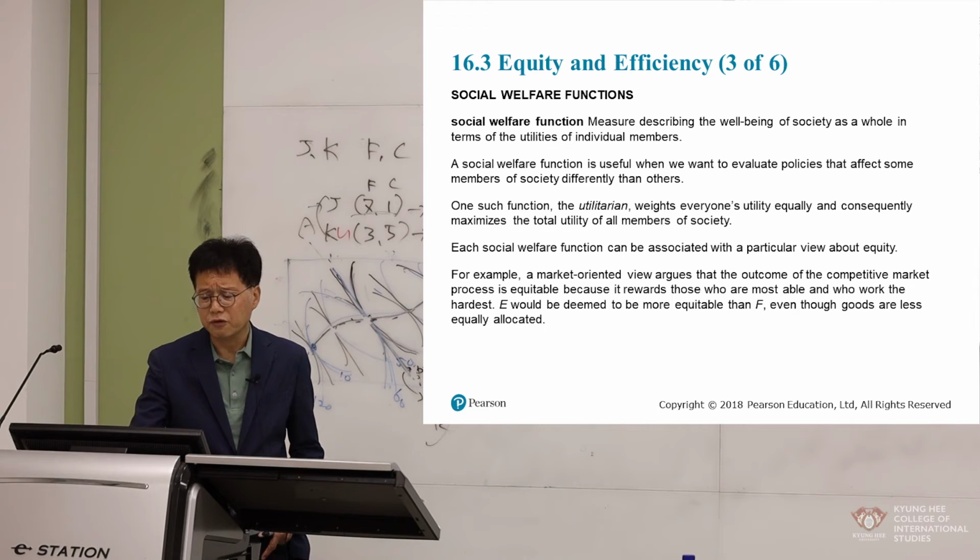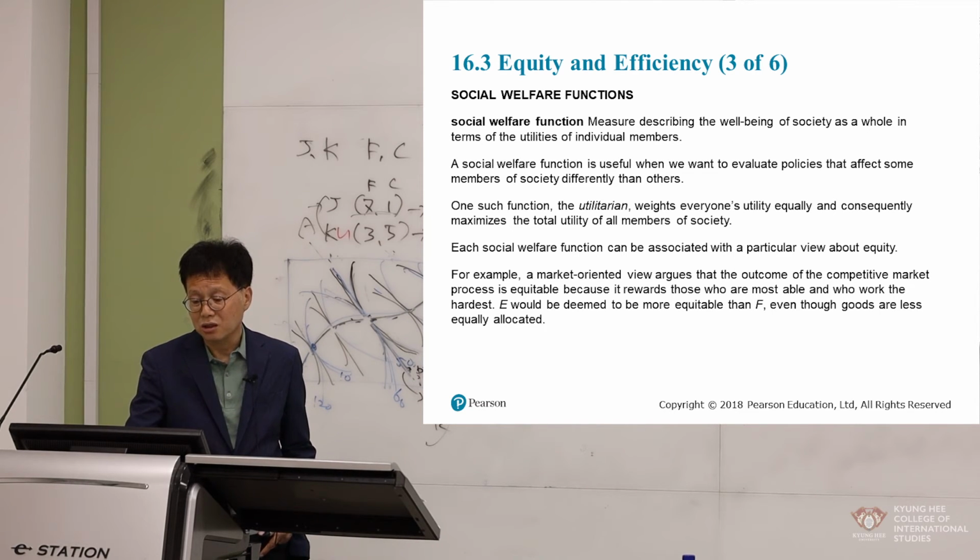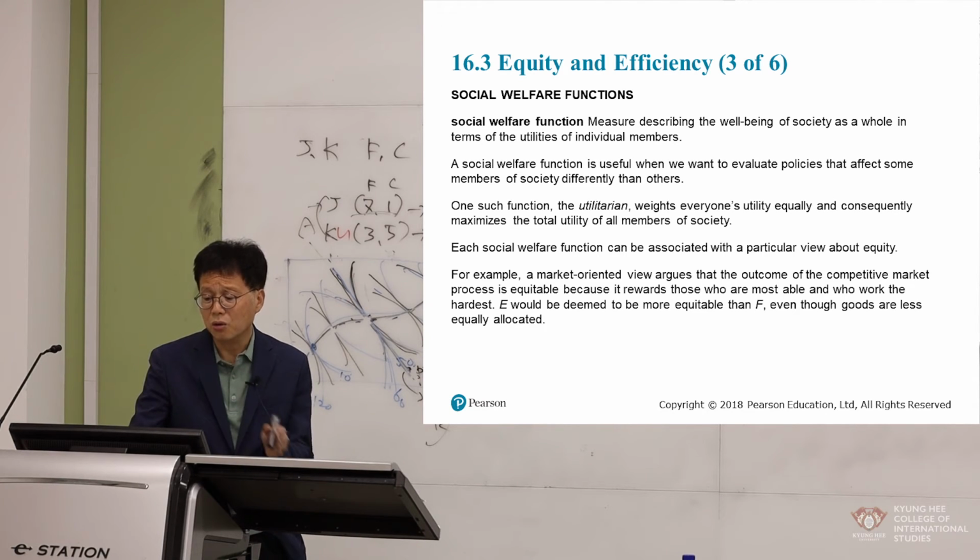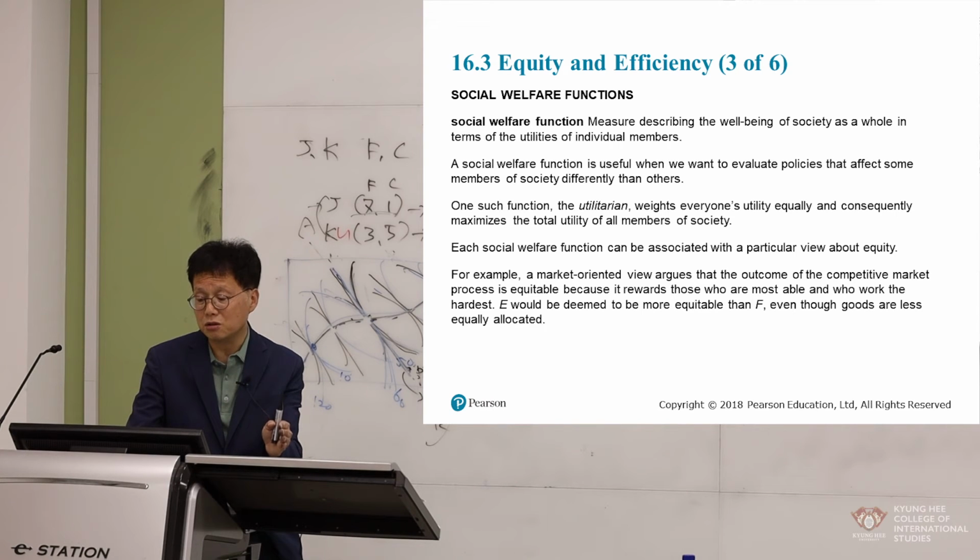A social welfare function is useful when we want to evaluate policies that affect some members of society differently than others. One such function is the utilitarian one. So the first one is the utilitarian approach. This function weights everyone's utility equally. All individuals' utility, right?